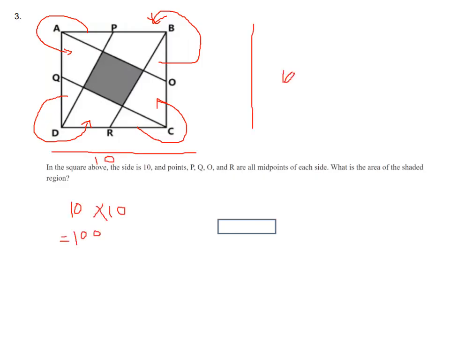So now both sides are 10. What is the area of the square ABCD? That is 10 multiplied by 10 equal to 100. And now, what is the area of the shaded region? The shaded area is 1/5, right?